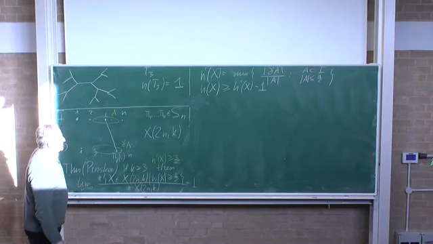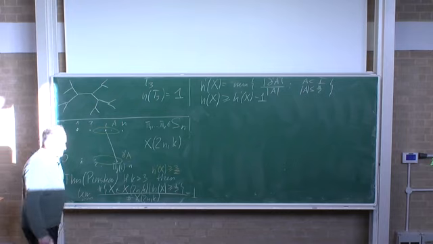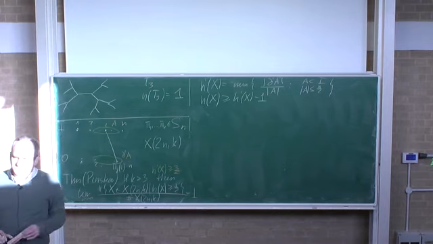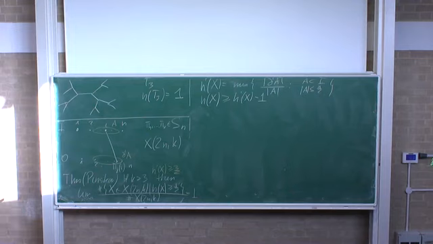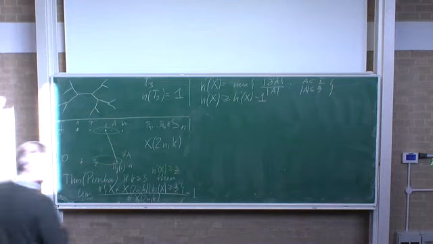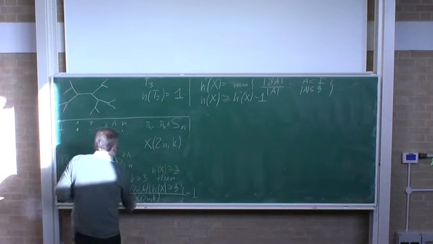I reminded this definition because later on I would like to talk a little bit more about the values of these invariants, and then it really matters which definition we consider. Okay.